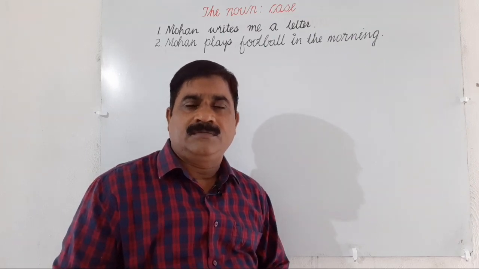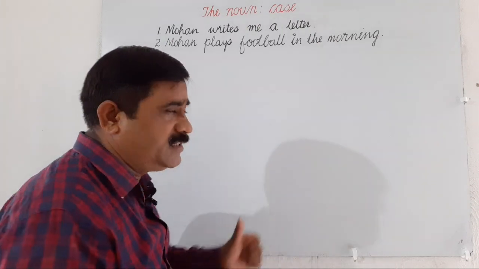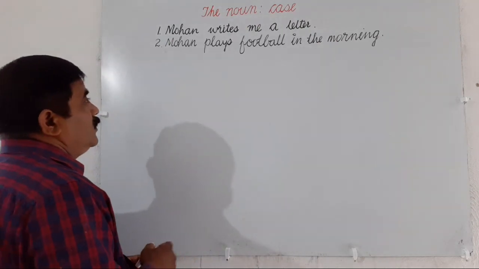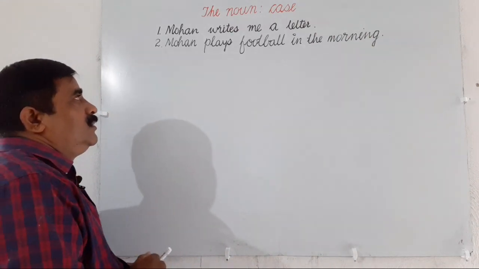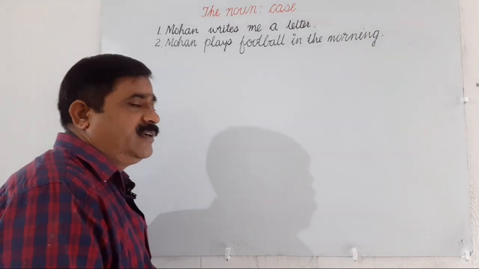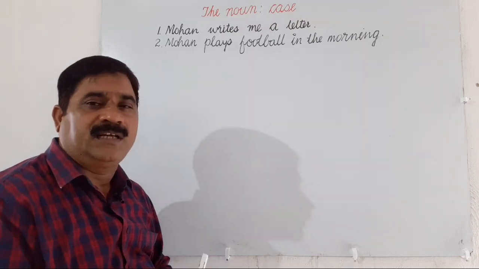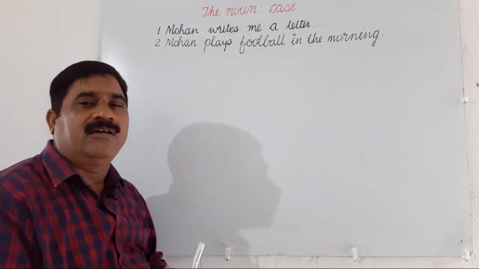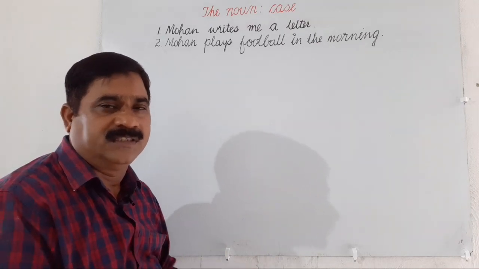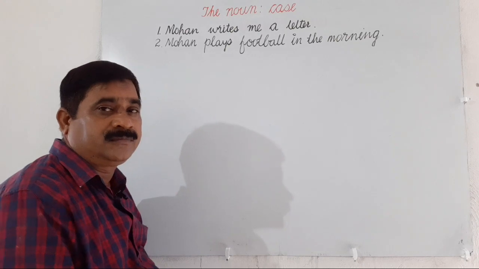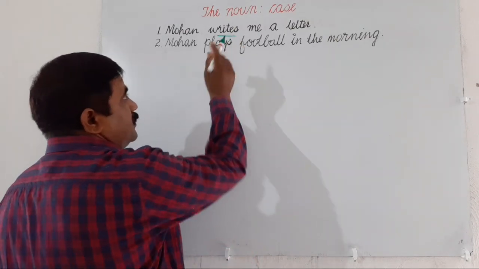Dear friends, let me ask you, in the first sentence, Mohan writes me a letter, tell me the action going on or the action that takes place in the sentence. Yes, that is writes.